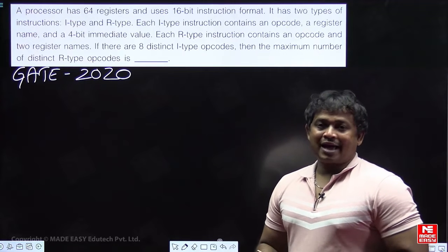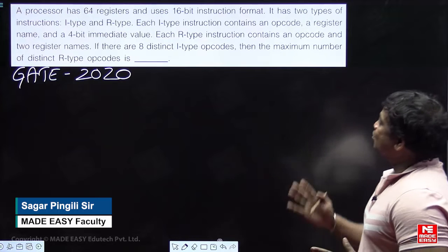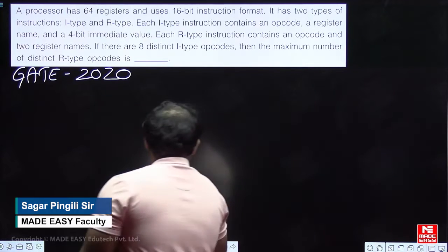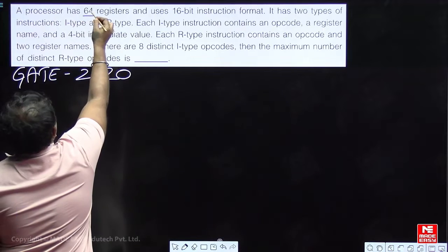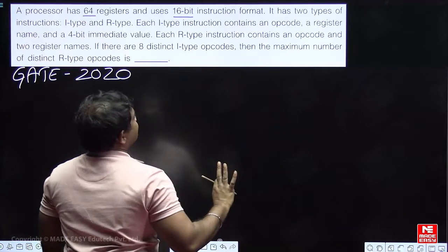This question is an expand opcode technique question. Just see the question. A processor has 64 registers and uses a 16-bit instruction format.